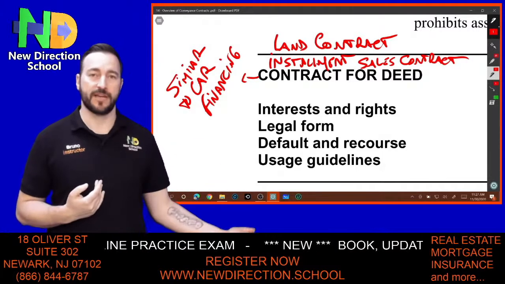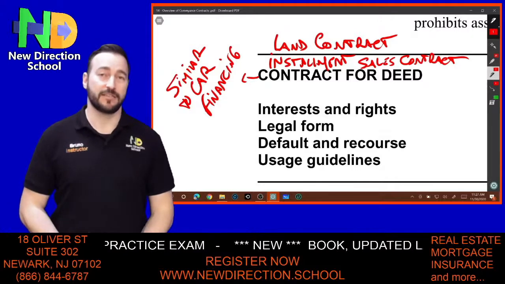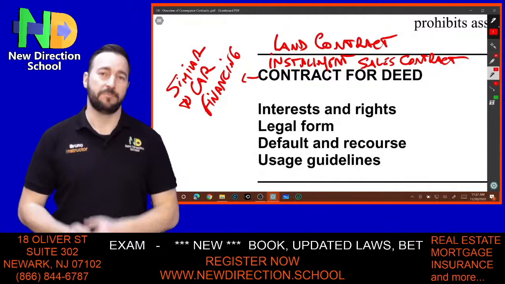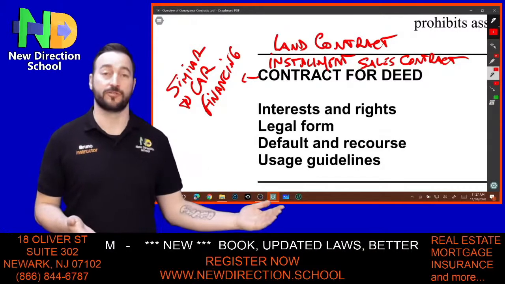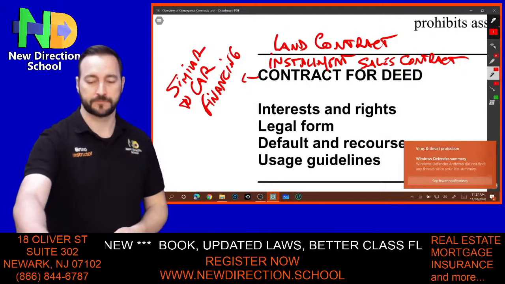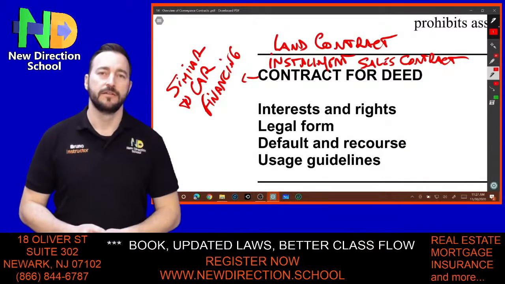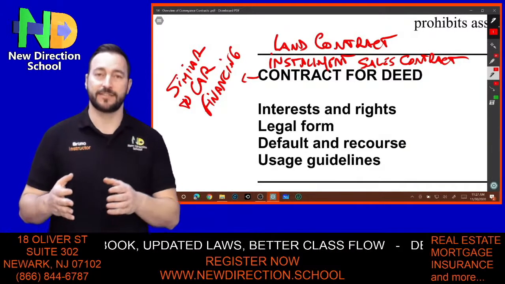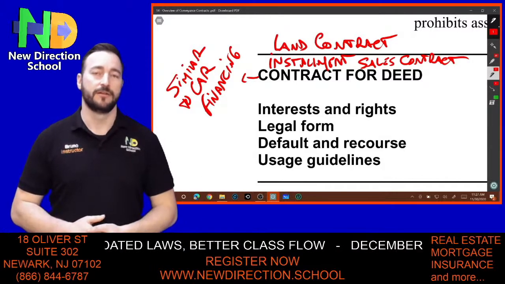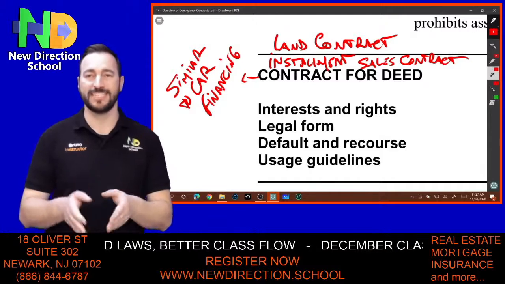Instead of going to Bank of America, give me a deposit now. I'm the seller, you're the buyer. Just give me a deposit now and pay me in installments over the next 30 years at an interest rate of 5%.